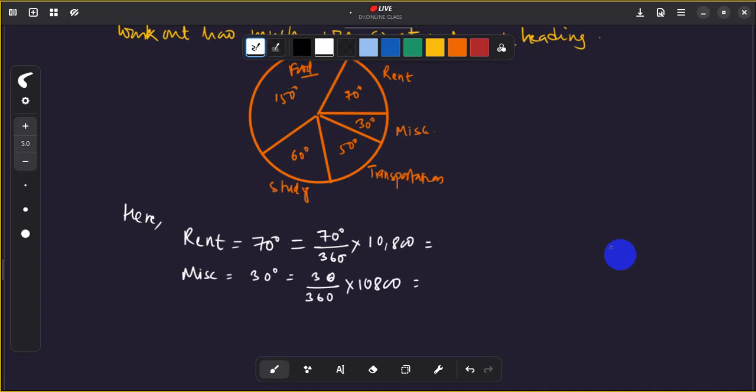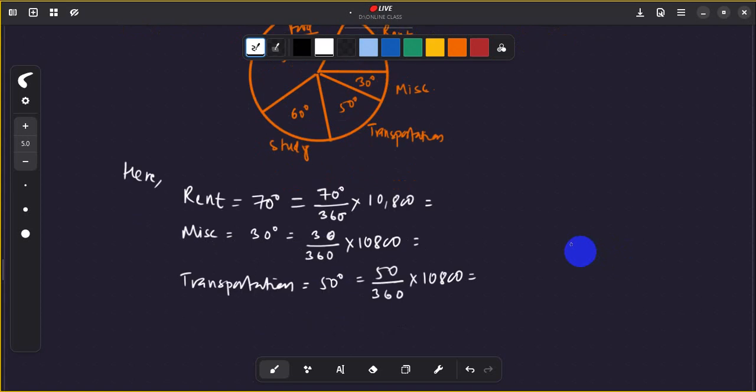Similarly transportation is 50 degrees. It is 50 over 360 times 10,800. And similarly there is 60 degrees for study, which is equal to 60 over 360 times 10,800.